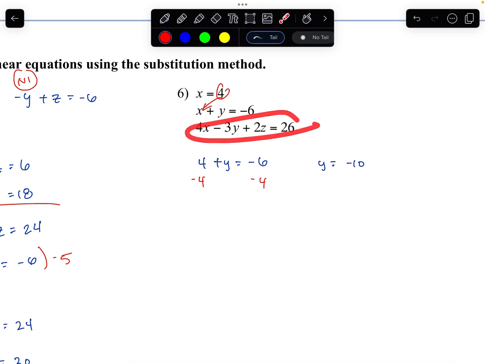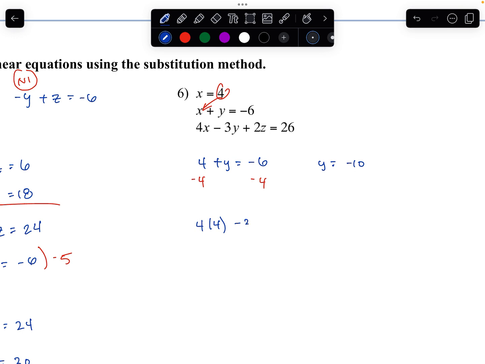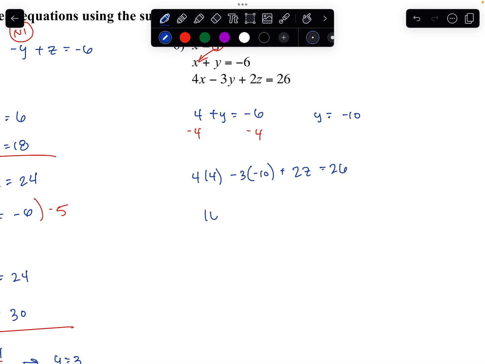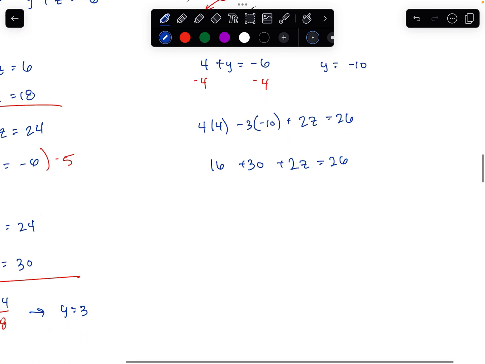And I can plug those values in here. So x was 4, minus 3 times negative 10, plus 2z equal to 26. So that's 16 plus 30 plus 2z equal to 26. And that's equal to 46 when I combine these terms right here.